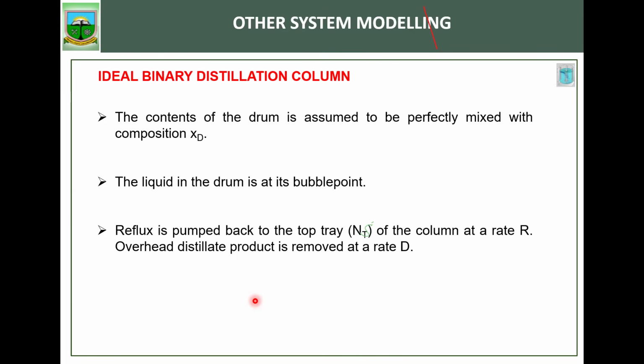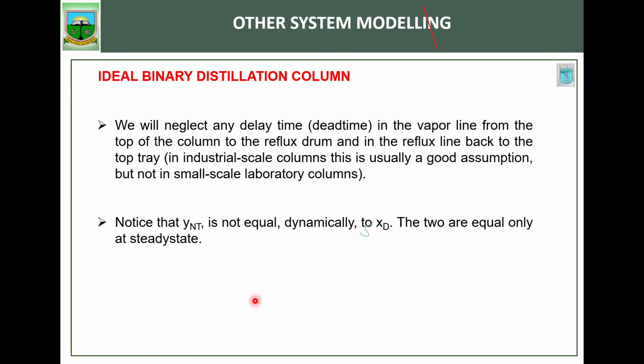Then the reflux is pumped back to the top tray, which is called the NT of the column. The overhead distillate product we remove at a certain rate. Then we also neglect any delay time, which is called the dead time in the vapor line, which means that the vapor travels uniformly up the column.